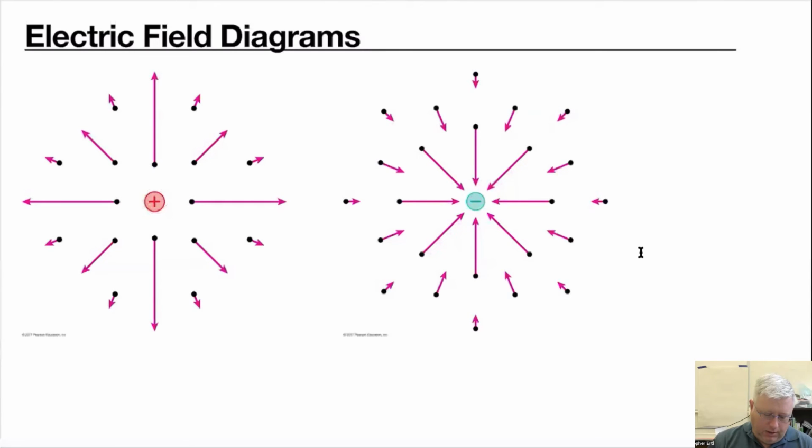So the point close to the charge has a larger vector, a larger arrow, and as we get further away, we get smaller arrows, just indicating that as we get further away, the field gets weaker. Okay, and then here we see with a negative charge, the field points toward that charge.